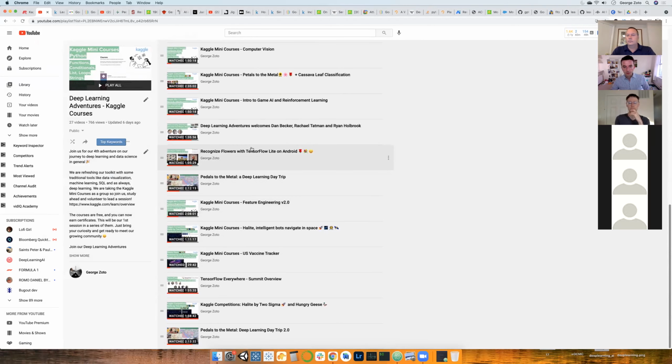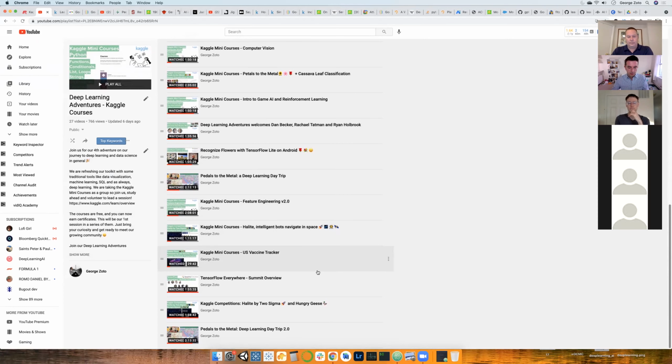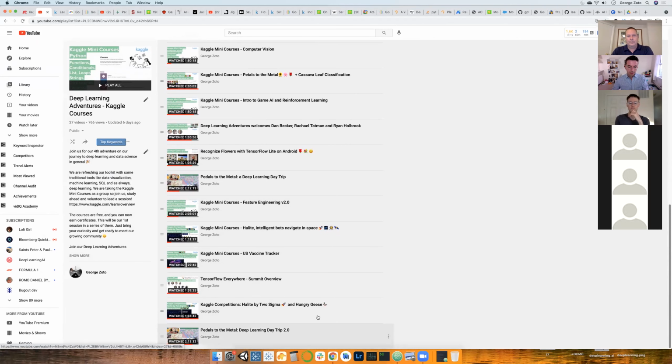We deployed a model on our phones to do flower classifications. We looked at reinforcement learning very briefly using some simulation games, and Robert and Kathleen last time covered their second version of the Pedals to the Metal, where they took a deeper dive into a fun data set related to the capital bike share.